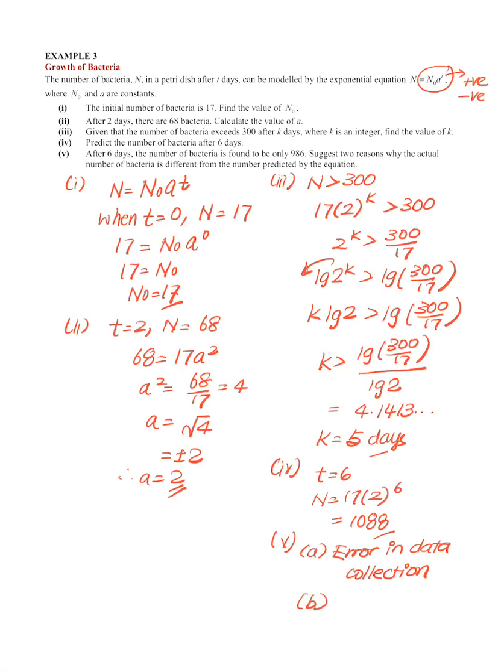The second reason is that the model you use is this, class. You assume that it follows this model where n0 is 17, so your model is n equals 17 times 2 power t.